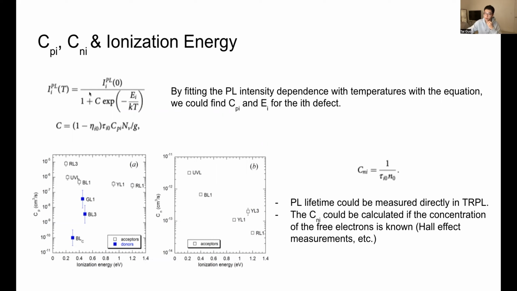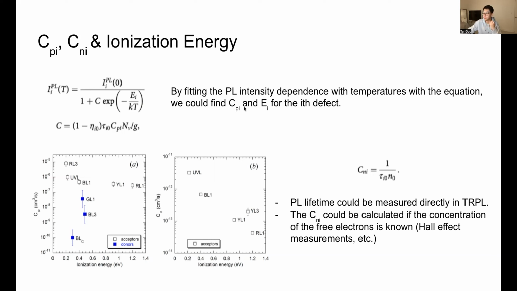And this formula just includes a lot of important parameters about the defect itself. So by fitting the PL intensity dependence with temperature from the experiment, using this equation, we could actually find the hole capture coefficient and also the ionization energy for the defects we're looking at.